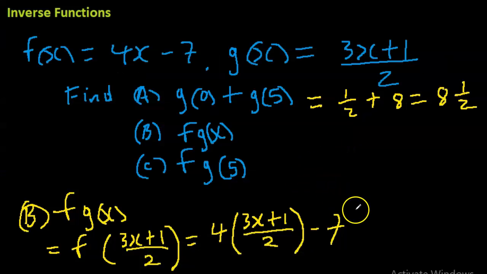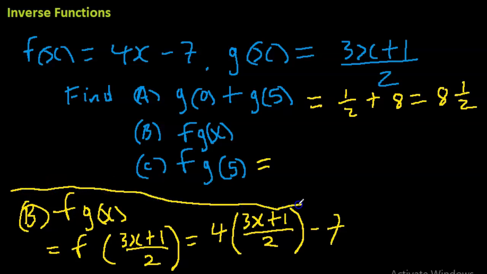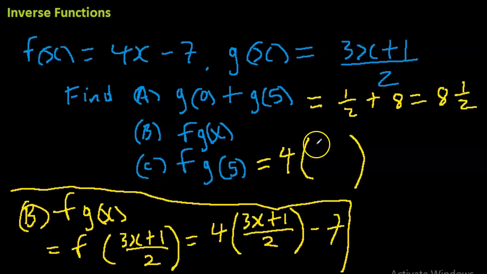In part C, we are asked to find fg of 5. This is fg of x, right? So you're going to replace the x with 5. So we have 4, bracket. Now we are replacing the x with 5. So 3 times 5, that's 15. 15 plus 1, that's 16. So what you have is 16 divided by 2, minus 7.